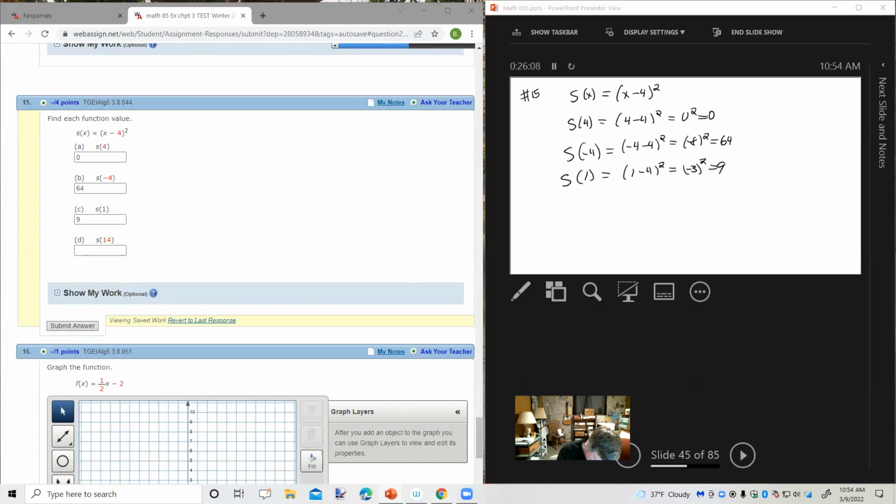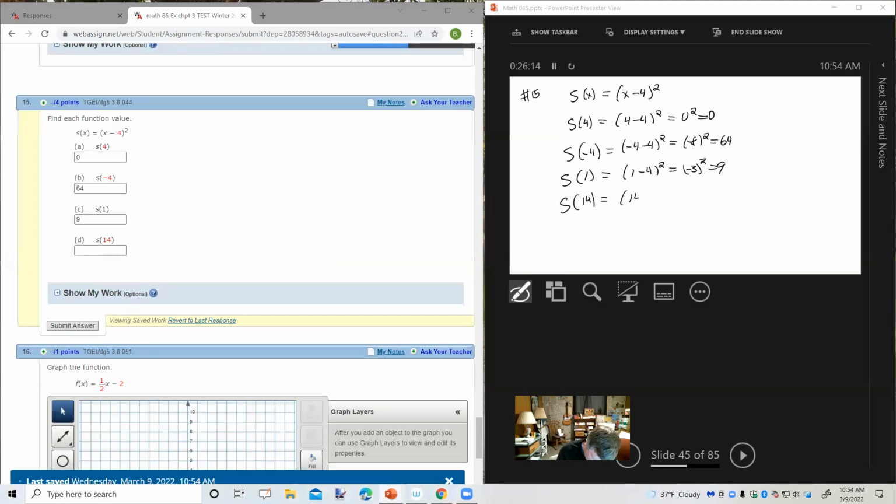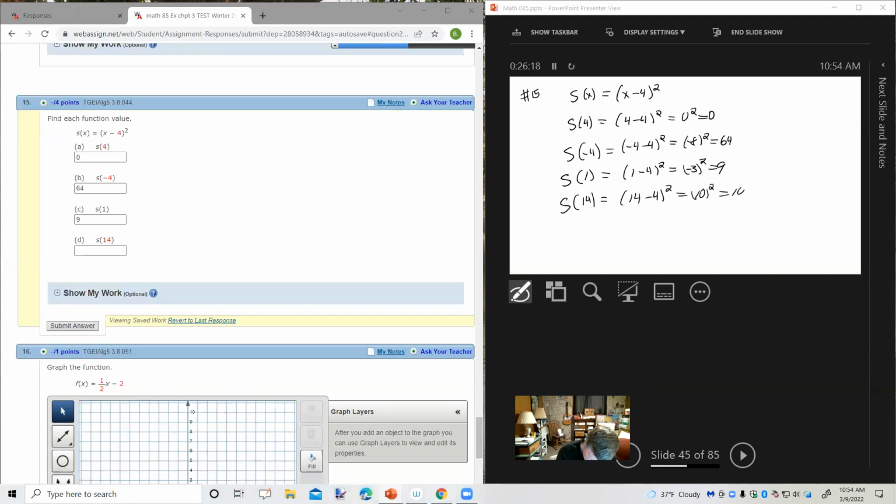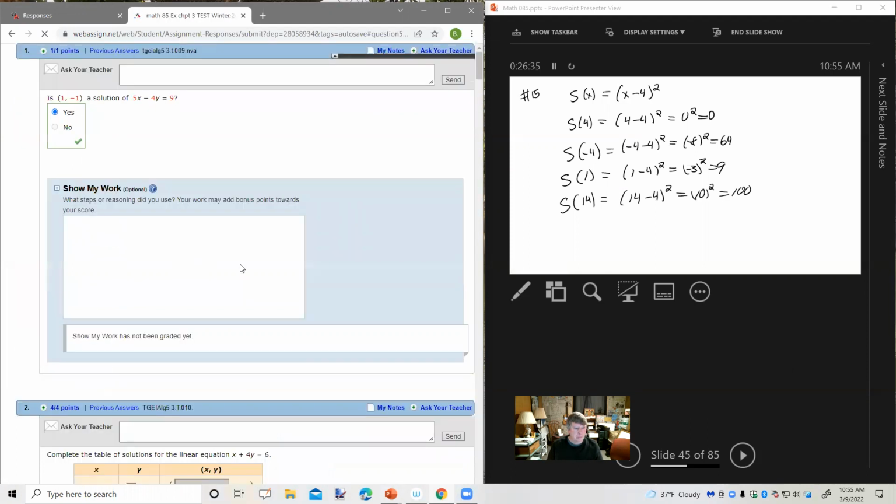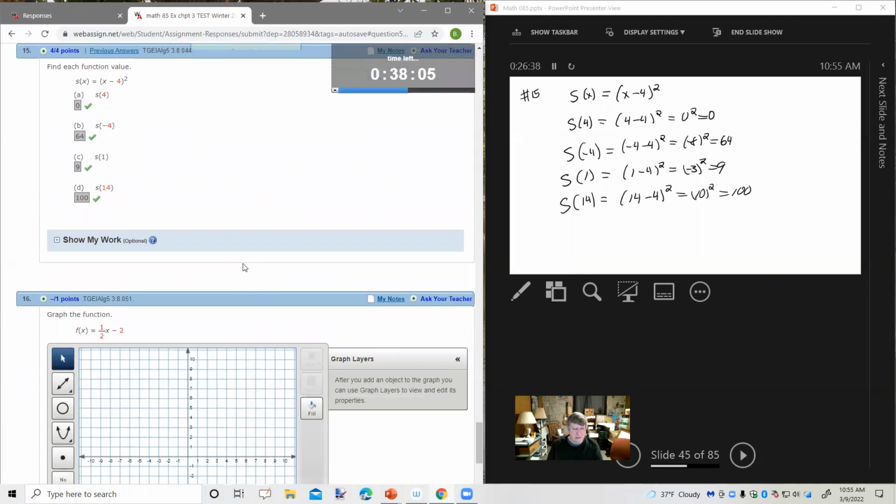And then S of 14 is 14 minus 4, the quantity squared, which is 10 squared, which is 100. So here we've got 100. And let's see. 10 squared, 9, 64, 0. Okay. All righty.